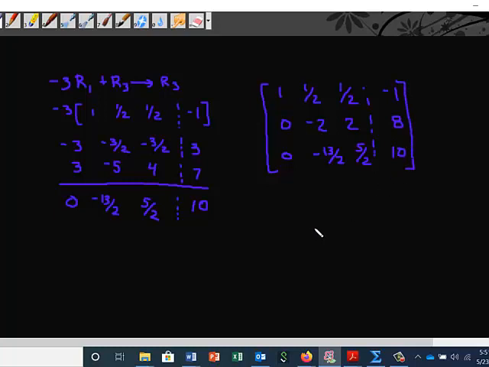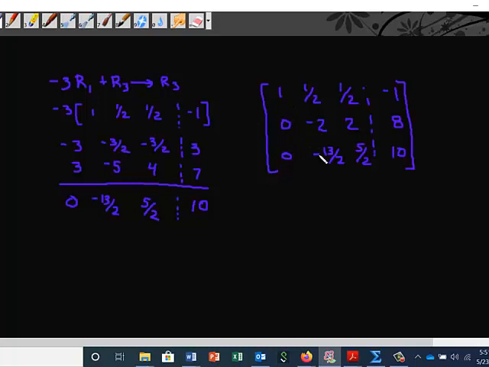Okay, so look at what we have so far. The next thing we would like to do is divide row 2 by negative 2. So where I'm going in my next task is going to change this. So we went from here to here to here. See the pattern?